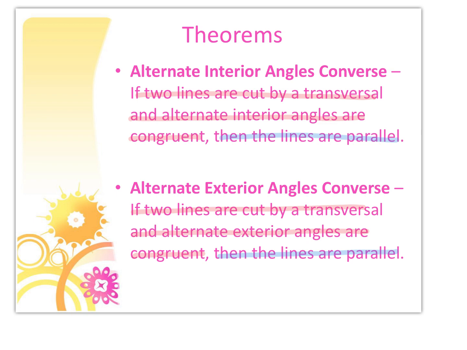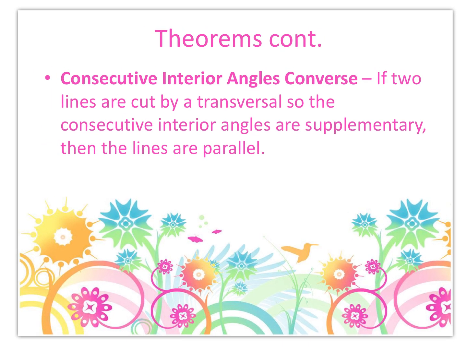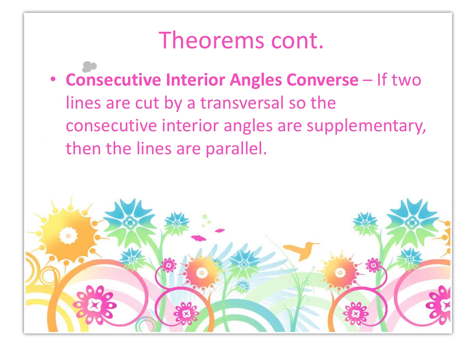So again, you have to know in parallel lines how those relationships are. Remember, corresponding angles are congruent, alternate interior are congruent, alternate exterior are also congruent. The only one missing, and we added it over in this slide, is the consecutive angles converse. And this is the same side interior.